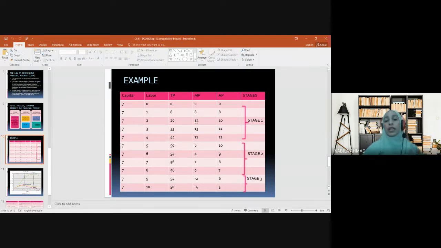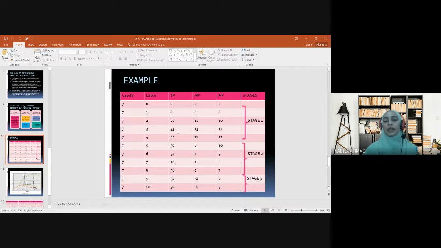Maknanya pertambahan itu sangat banyak, laju. Labor yang ketiga juga, output bertambah kepada 33. Pertambahan itu adalah 13, banyak. Bila masuk labor keempat, output bertambah kepada 44. Yes, total product bertambah, tetapi pertambahan itu telah berkurangan.